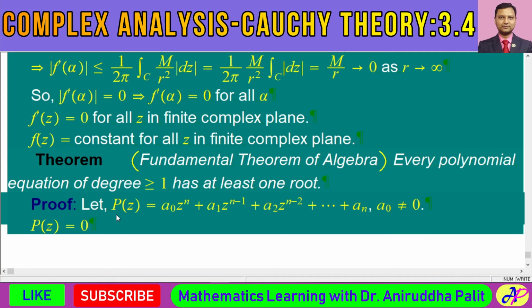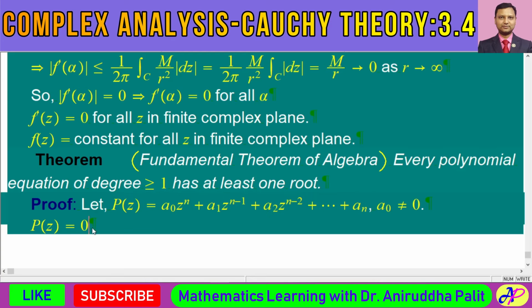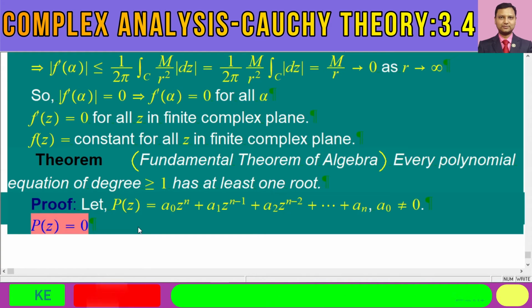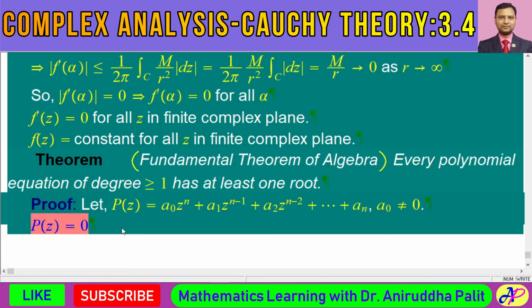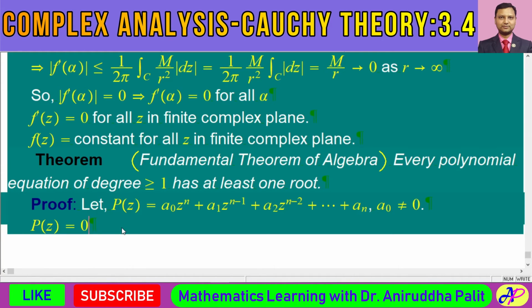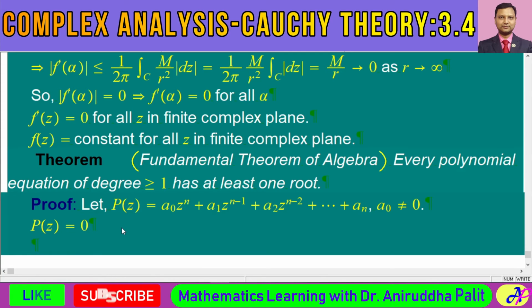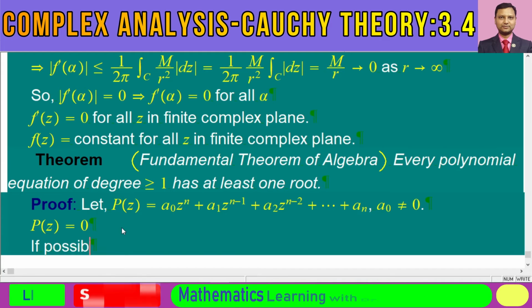So we have to prove that at least one point will satisfy the equation p of z is equal to 0. Now we consider a contradictory result, or we assume that if possible, we don't know whether it is possible or not.